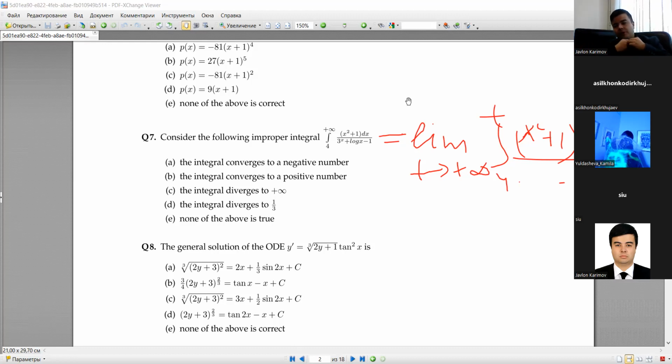And how to use a comparison theorem here? Do you remember? Who knows?